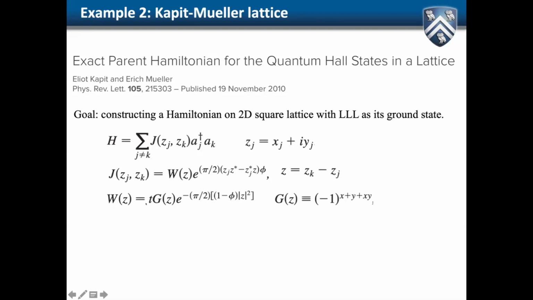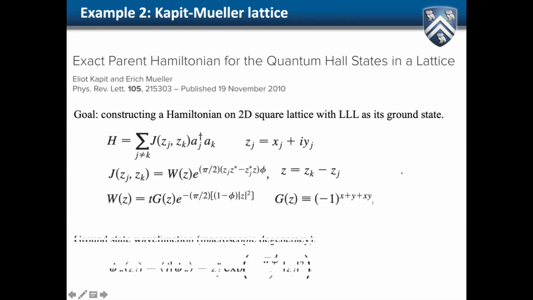Well, small t is just the energy scale, intended to be 1, and the Z is a phase factor, and the hopping amplitude has a Gaussian envelope, but it also has a complex phase. And because we want to construct a quantum Hall system, the magnetic field results in this complex hopping amplitude.